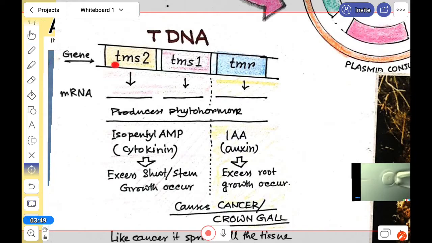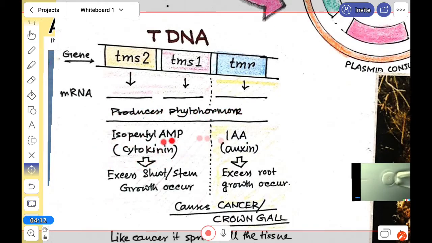If we look at this tDNA in a little more detail, the tDNA has the genes TMS2, TMS1 and TMR. TM stands for tumor, S stands for stem, and R means root. So they can produce phytohormones.